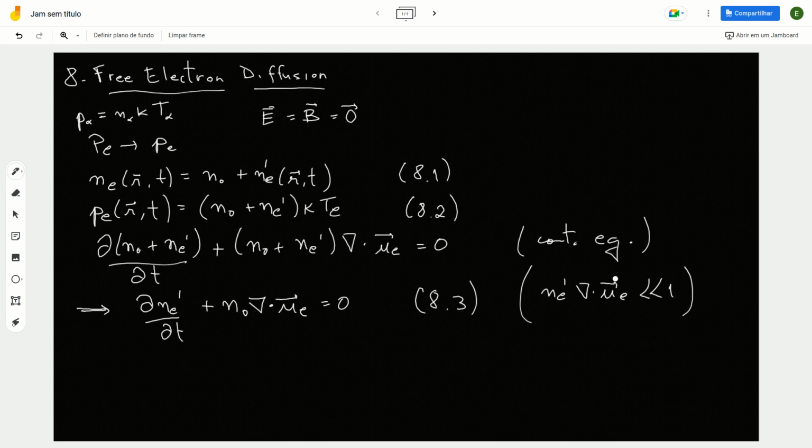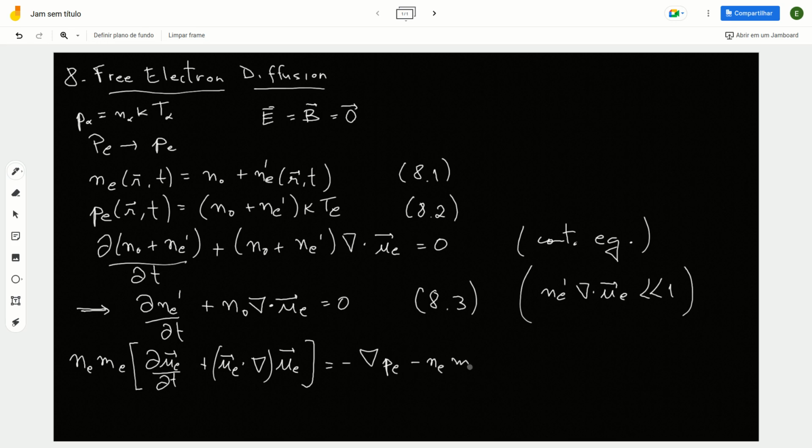We also have the momentum equation. For the momentum equation, let's write it like this. And let's include the pressure gradient and just the collisional term.